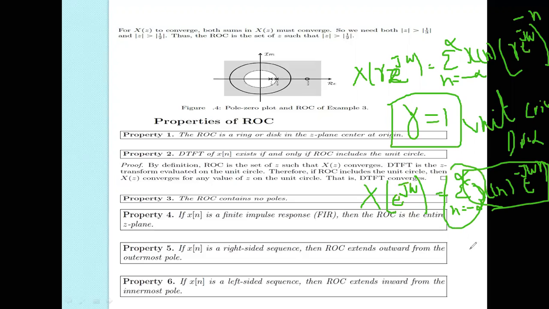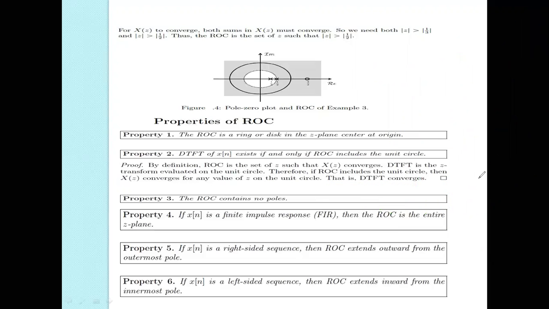So we can call it the discrete time Fourier transformation, evaluated on the unit circle. Therefore, if the ROC includes the unit circle, then X of z converges for any value of z on the unit circle, that is, the discrete time Fourier transform converges.